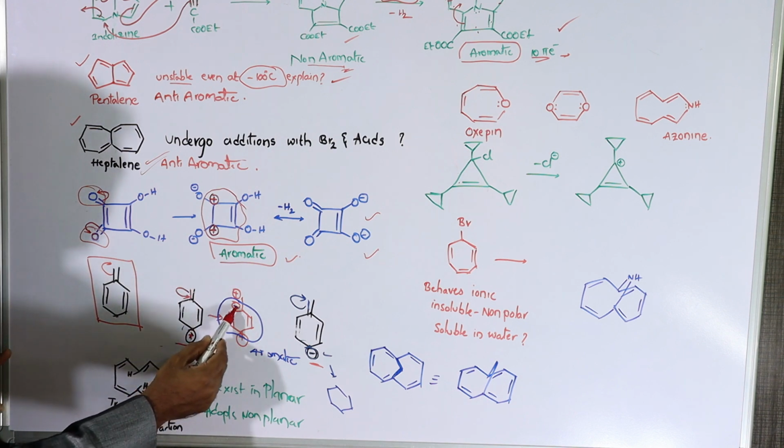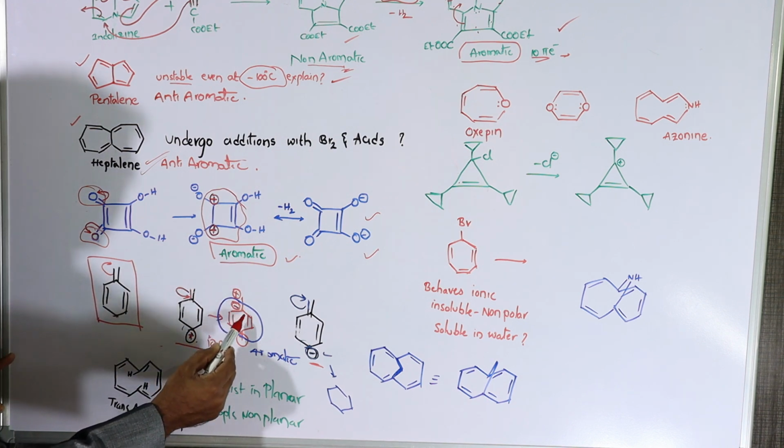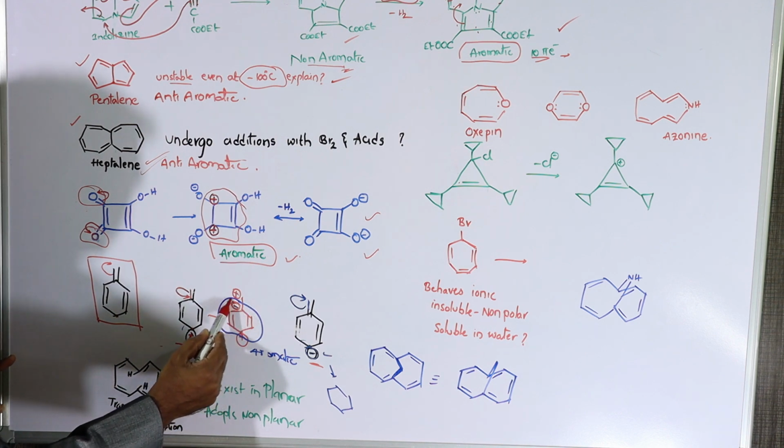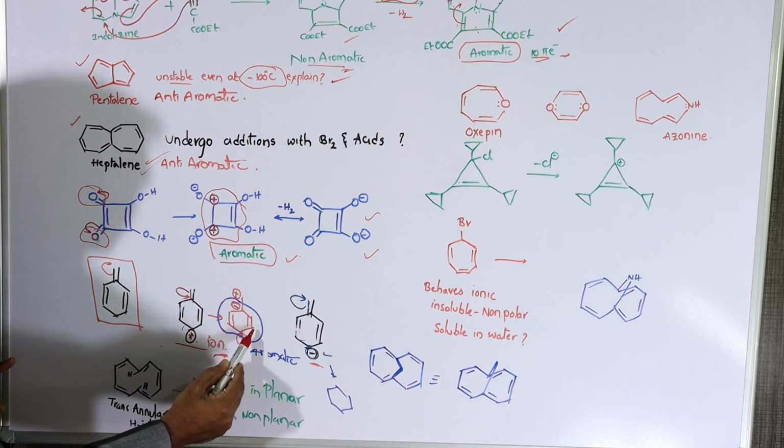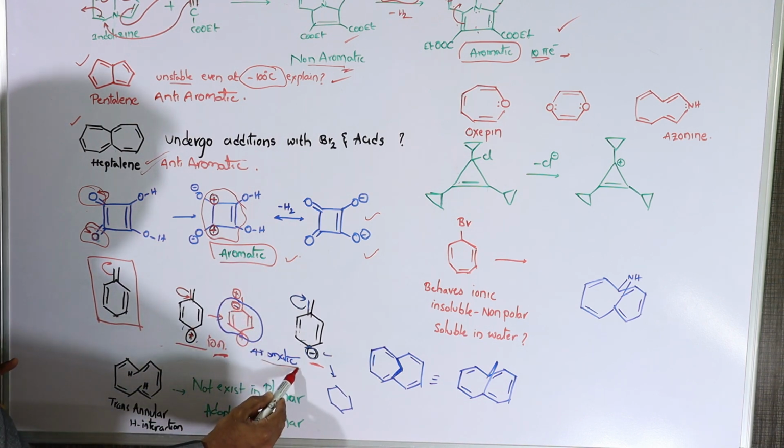Then ultimately there is a positive charge and a negative charge. This compound is an aromatic compound because delocalization of pi electrons is possible.